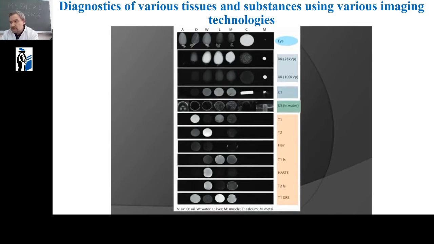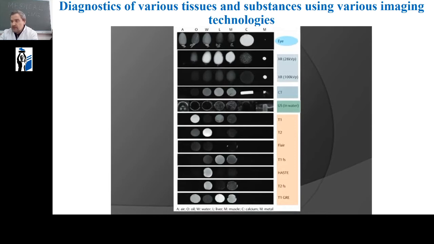The vertical row on the right shows the imaging methods: radiography, computed tomography, ultrasound, and various types of magnetic resonance imaging. Look, radiography perfectly recognizes bones and metal, but soft tissue structures are poorly distinguished.